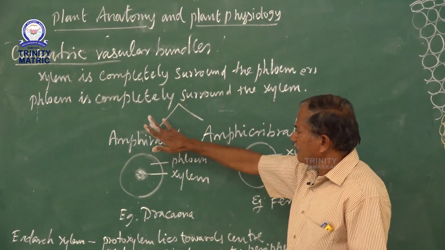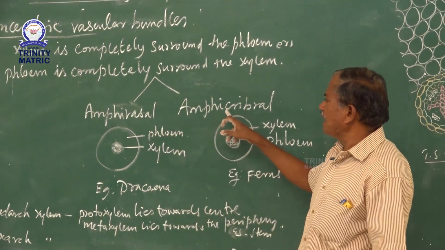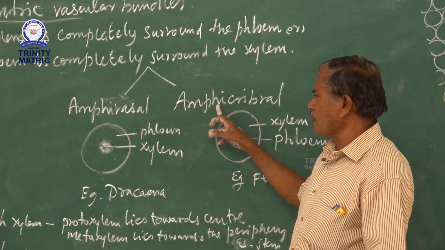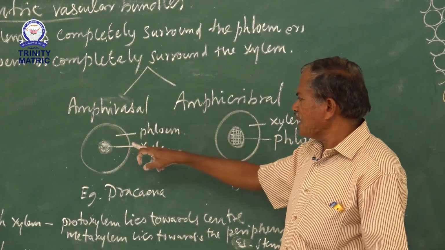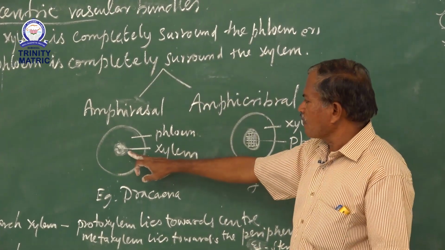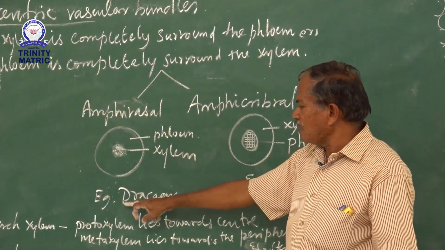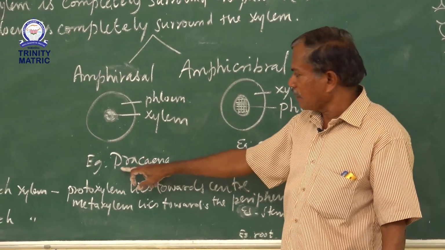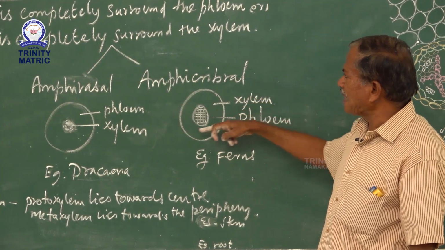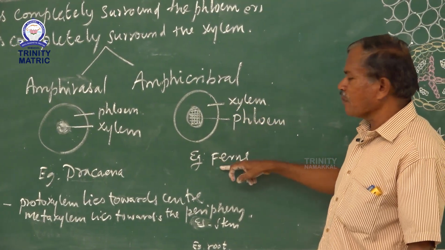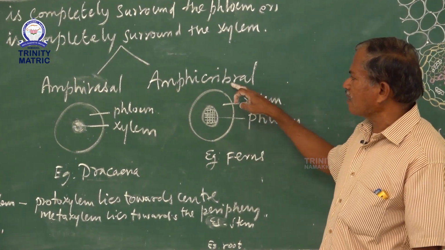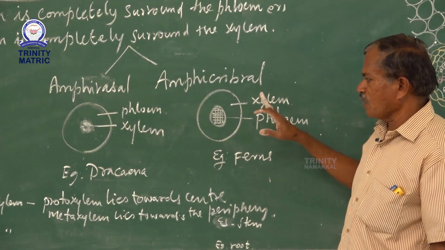It is of two types, amphivasal and amphicribral. Amphivasal means the xylem completely surrounds the phloem. Example, trachea. Amphicribral means the phloem completely surrounds the xylem. Example, ferns. Pteridophytic plants mostly have this type, called amphicribral vascular bundle.